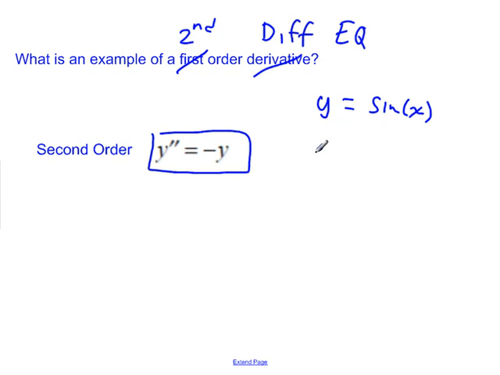Then my derivative would be cosine, and my second derivative is negative sine.